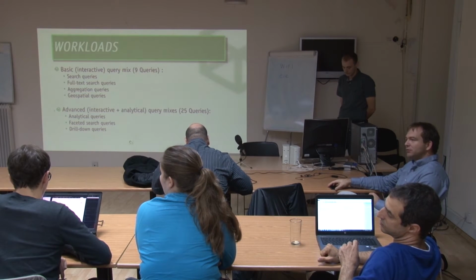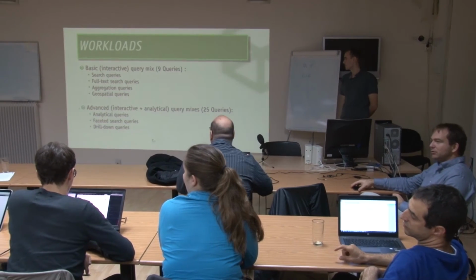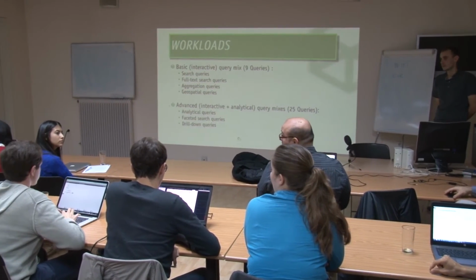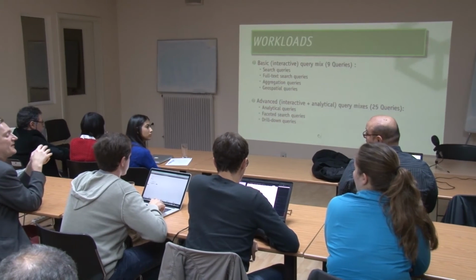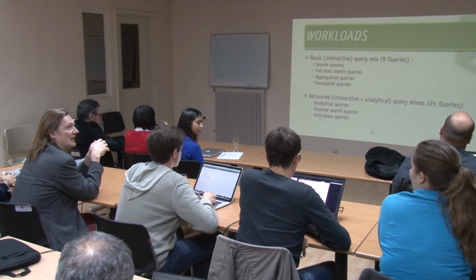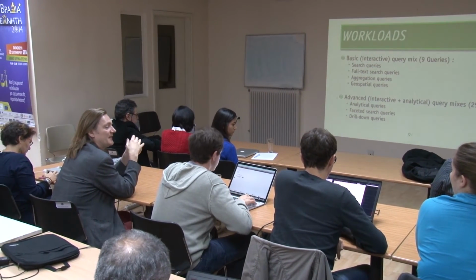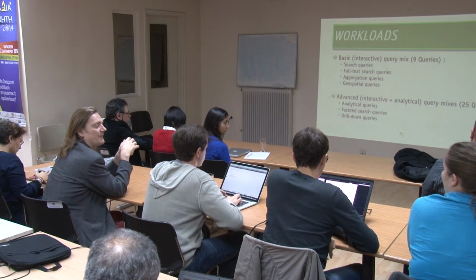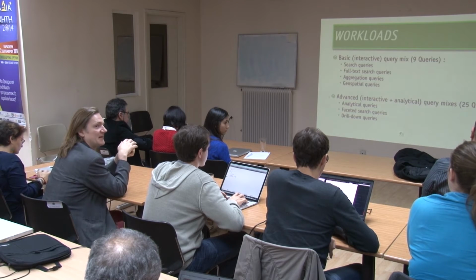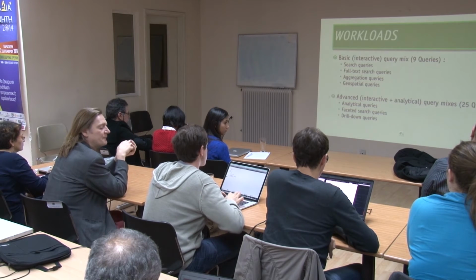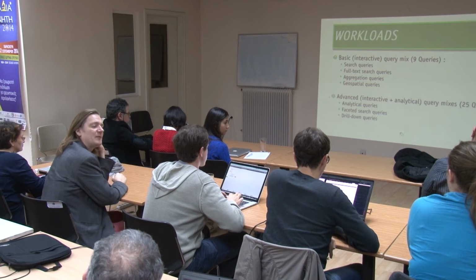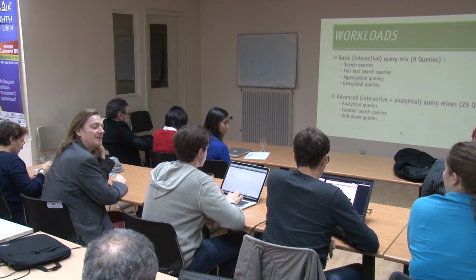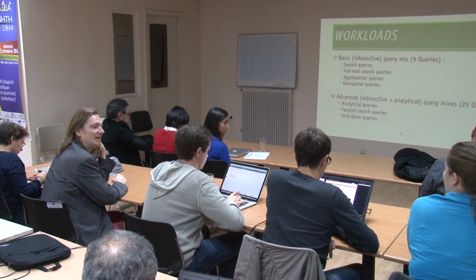Well, for what's called analytical in SPB, they run a couple of seconds apiece or something like that on a small data set, but they are linear to the data set size, so twice the data takes twice as long by definition, because they go through large fractions of the data set, and that's why we call them analytical. The interactive ones tend to be lookups, so they're rather logarithmic to the dataset size, and what's analytical is rather linear.